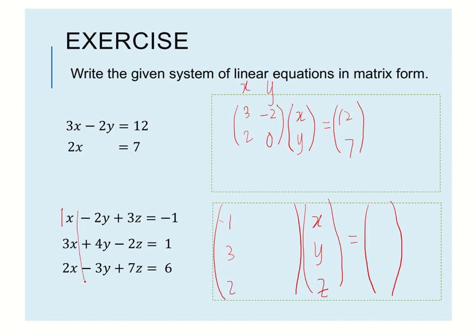And the second column will be -2, 4, -3. And the third column will be 3, -2, 7. And of course, the result should be the matrix behind. So it will be -1, 1, and 6. So this is how we convert the system to matrix form.